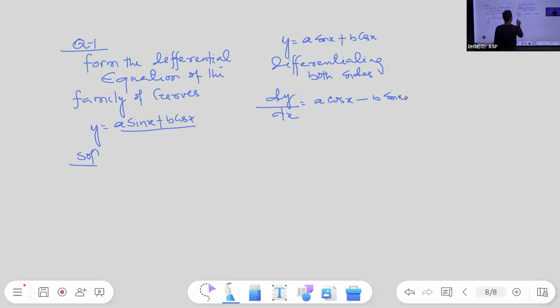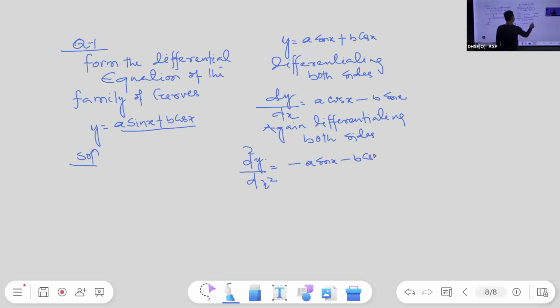Again differentiating both sides, d square y upon dx square equals minus a sin x minus b cos x.